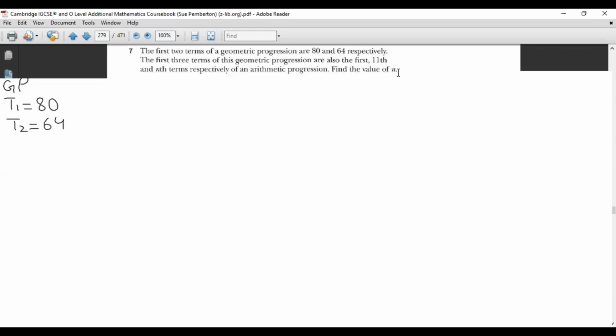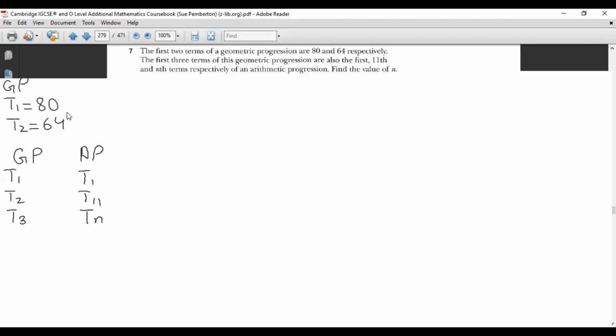So in the GP we have T1, T2, and T3, and these are in an AP as T1, T11, and Tn. This is given over here.